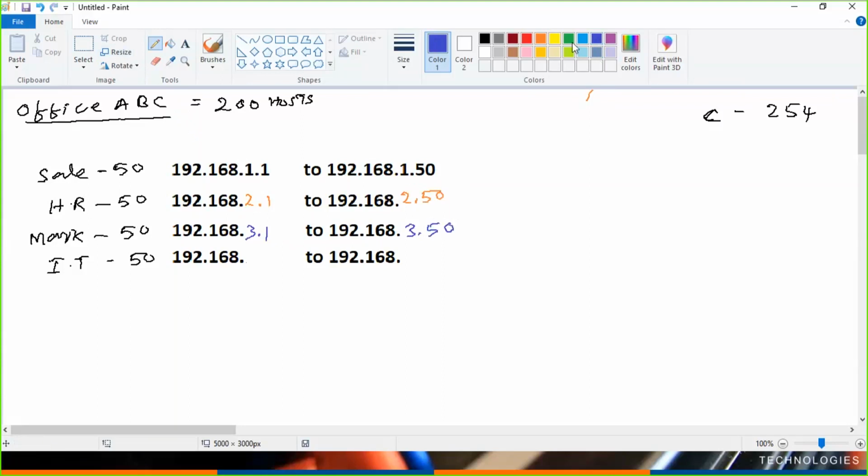IT department, 4.1 to 4.50. Now, sales, HR, marketing, IT, will they communicate with each other?